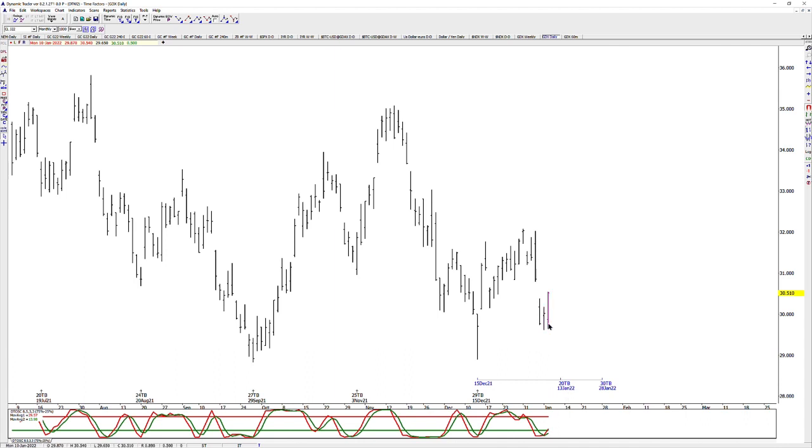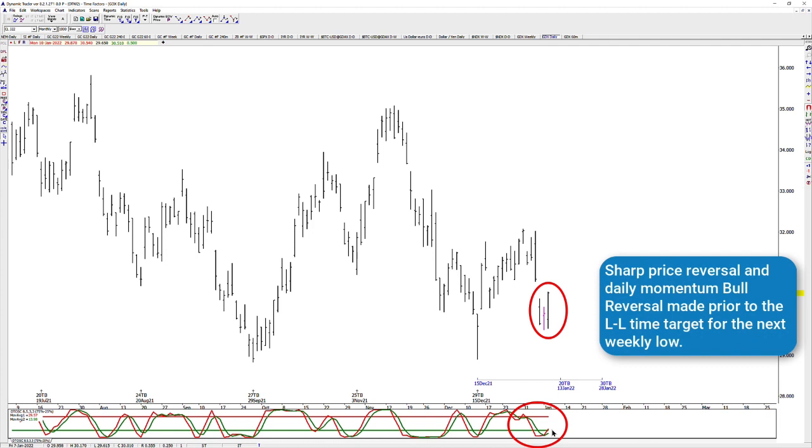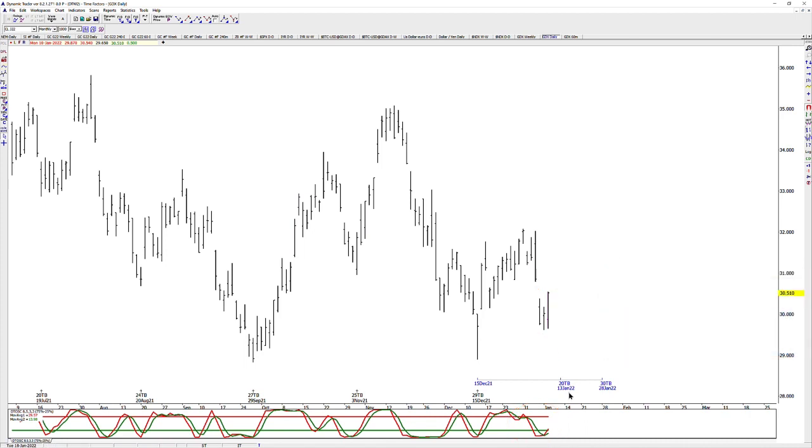So even though it did make a pretty sharp reversal here, and it made a bull reversal in the momentum, if this low-to-low cycle is to continue, that's too early to complete another comparable weekly low. So more than likely, the GDX has not completed the low, and it's going to come back and test that low, maybe even exceed that low. Oh boy, are we right about this?